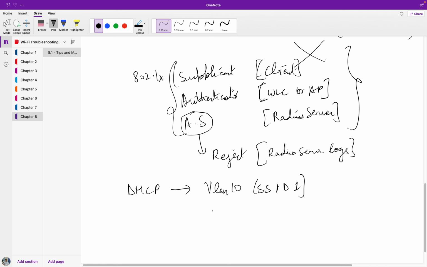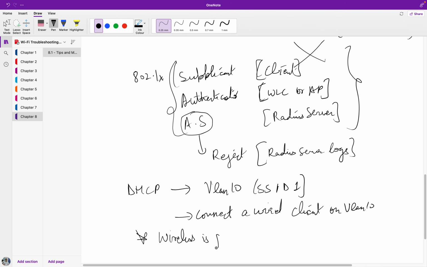The first thing I would do is connect a wired client on VLAN 10. Bring a laptop, connect a cable from the switch to the laptop, and see if it gets an IP address or not. Out of 100 times that I have troubleshot this issue, at least 90 times the wired client also did not get an IP address. Always remember this.